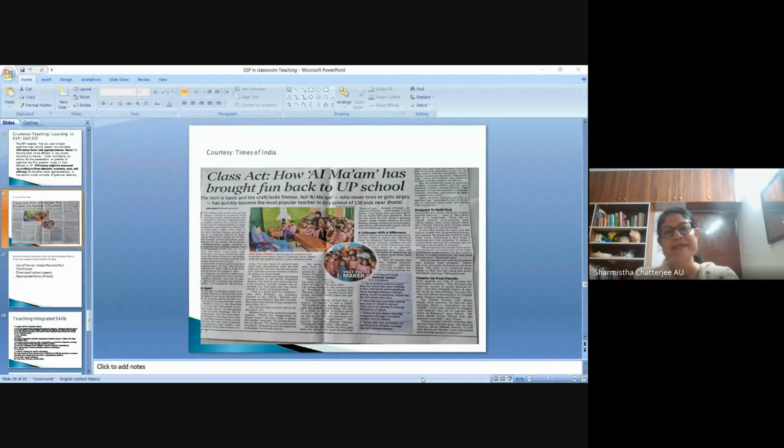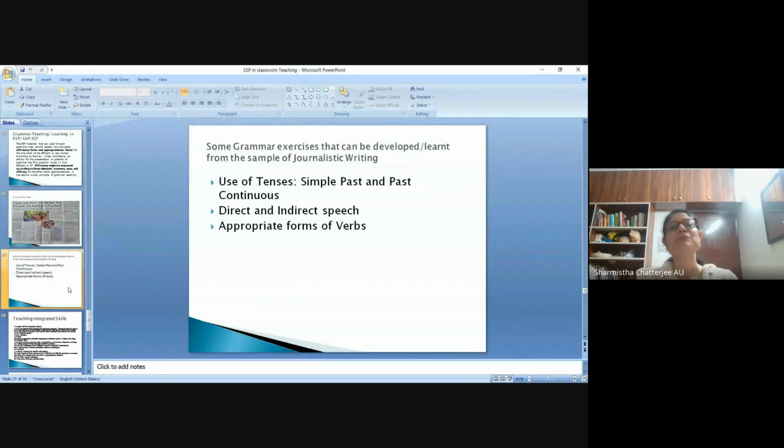But what we can do is look into how, when you are actually teaching your learners, I saw that there are certain journalism, mass comm teachers in this training too. So you are actually also augmenting for the learners the simple past, simple continuous.